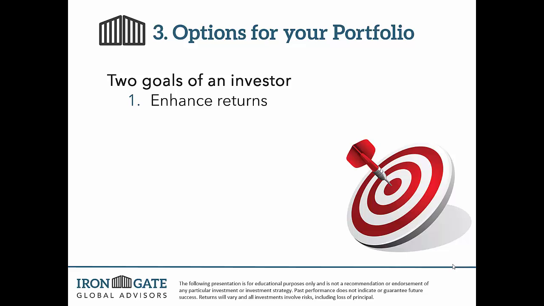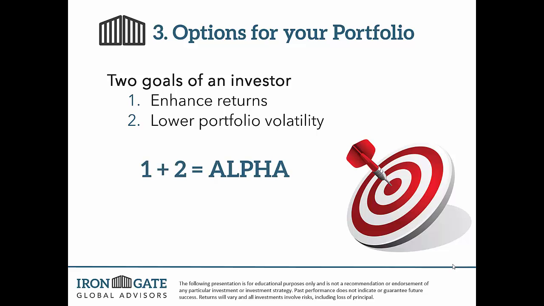While at the same time, anybody will tell you, well, I want to lower my risk, or lower portfolio volatility. If you combine those two things, that is alpha, a very popular phrase in the world of investing today. That's what people are trying to gain.